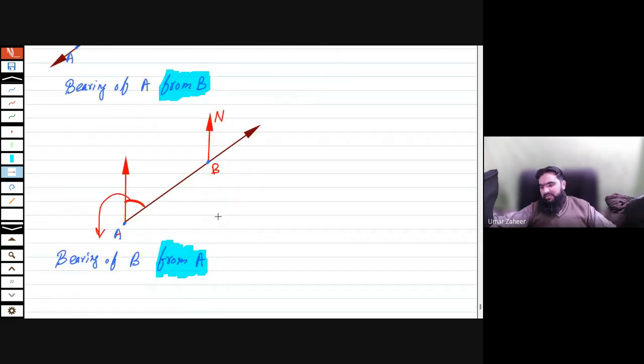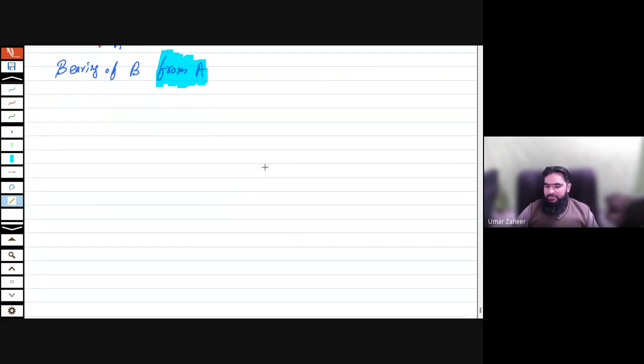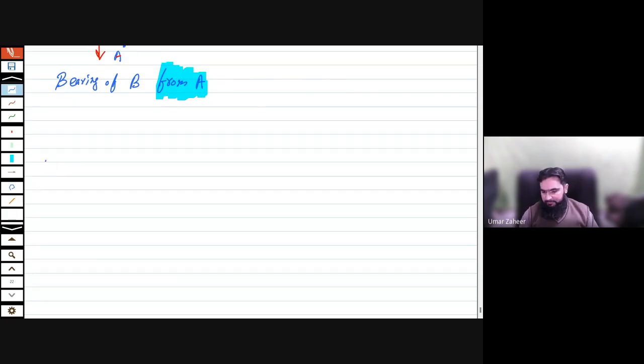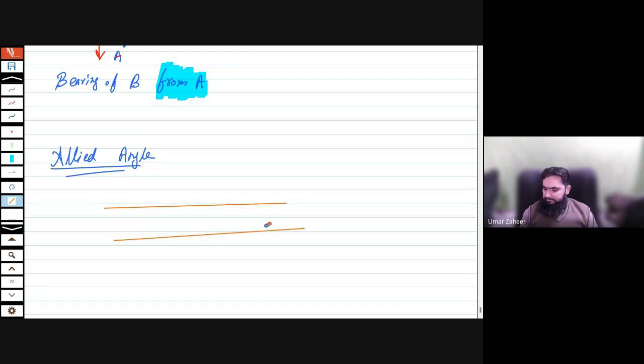Okay, we are going to use one property here. We are going to use an angle property, that is allied angles. Allied angles are the angles, for example, if you have two lines that are parallel, these angles are known as the allied angles.